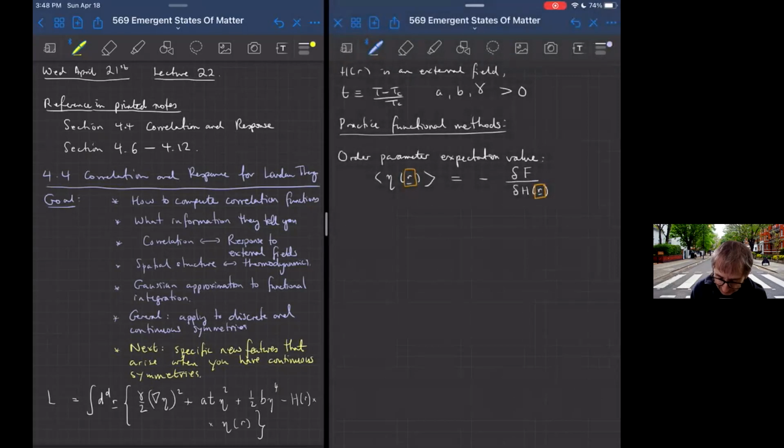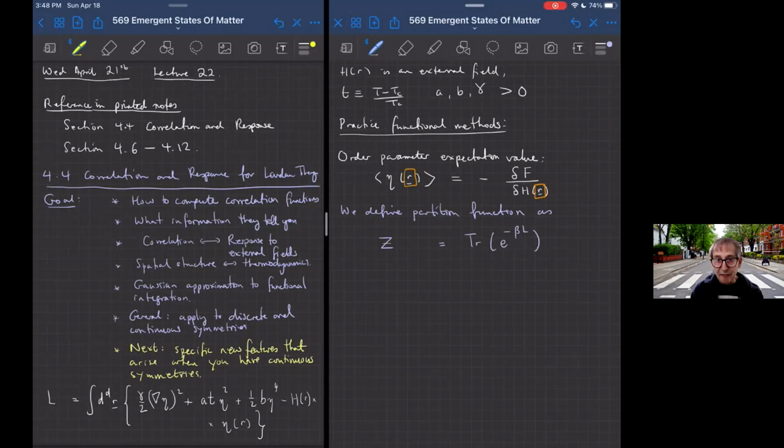Just to make sure that everybody is on the same page, we define the partition function Z as equal to the trace of e to the minus beta times the Landau free energy.